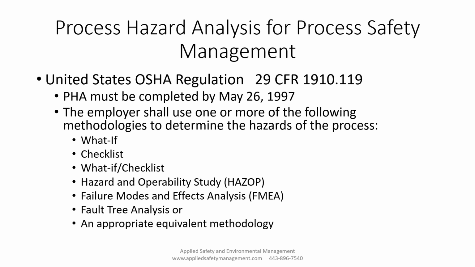And in this episode, what we're going to assume is that the process hazard analysis has already been completed by May 26, 1997. So that was one of the big dates where everything had to be put in place. This was a phase-in approach from 1992. And we're going to assume that now we are 22, 23 years, doing some fuzzy math, in the future.